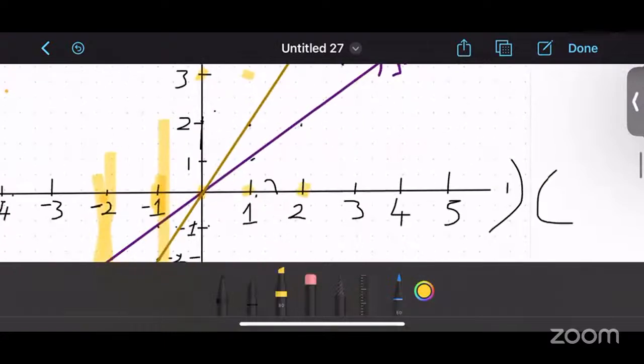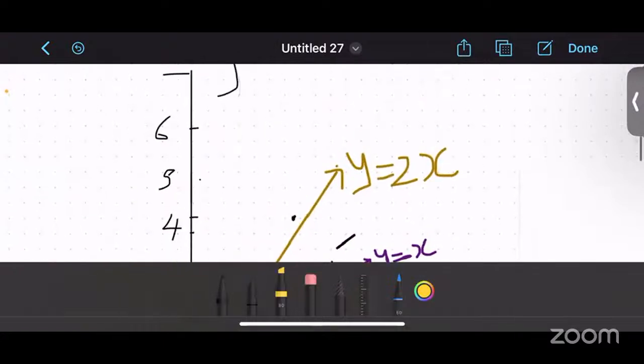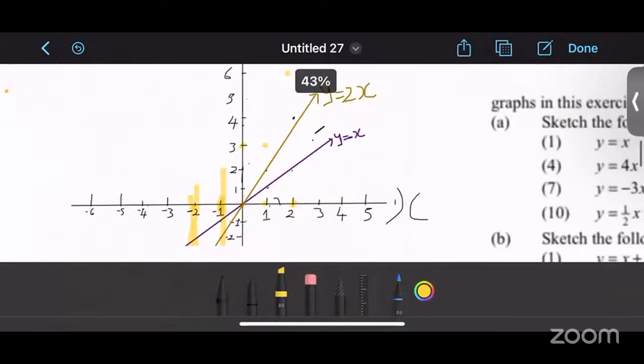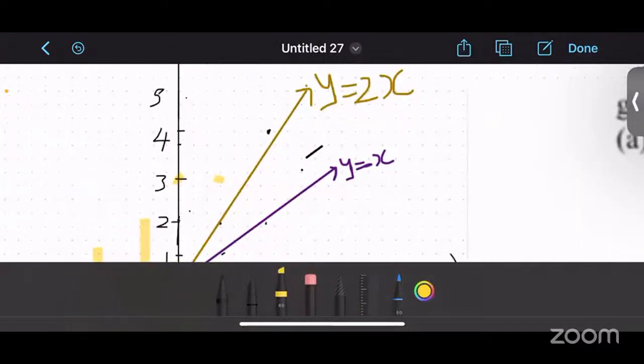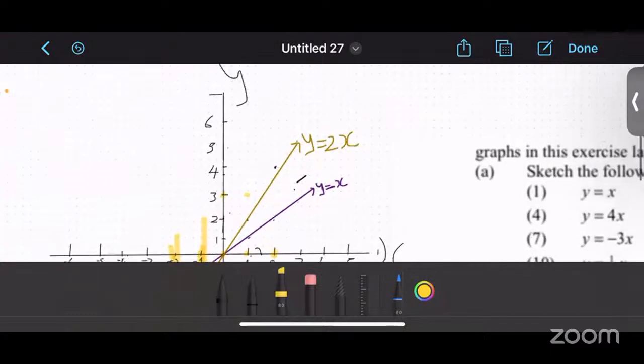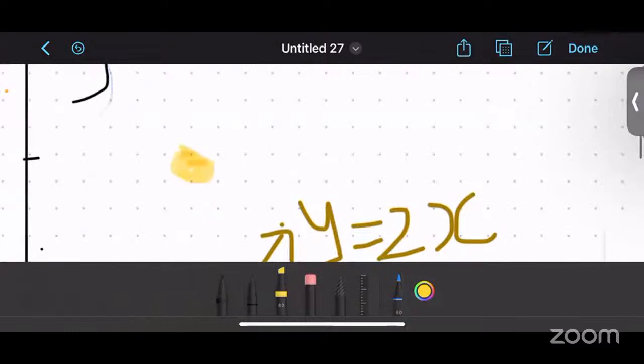This is my 2 as an x value, and this is my 6. So it's going to be somewhere, oh no, not there, but a bit to the right. Somewhere here.